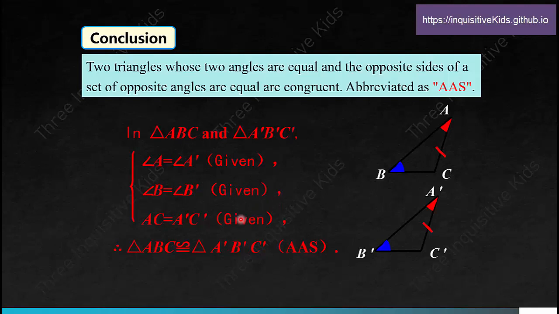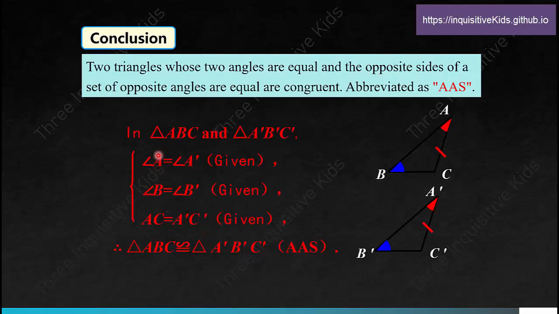The two angles in AAS, remember AAS means angle, angle, side. So it's that two angles and one side of two triangles are equal, and it's two angles next to each other with a side next to them. So we look at this. What are the two angles that are equal?